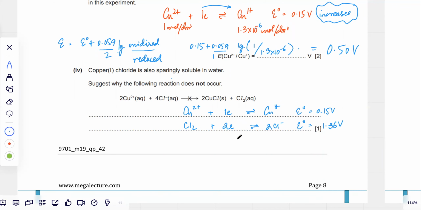Now, even if the potential increases, the difference between the two potentials is very high. No matter how much this potential increases, it still is the lower potential, and the reaction is not going to go forward because it's the higher potential that gains electrons. So this forward reaction is not going to happen. Copper 2 plus is not going to change into copper 1 plus. Why? Because even if the potential changes, it still remains the lower potential. Is this clear?